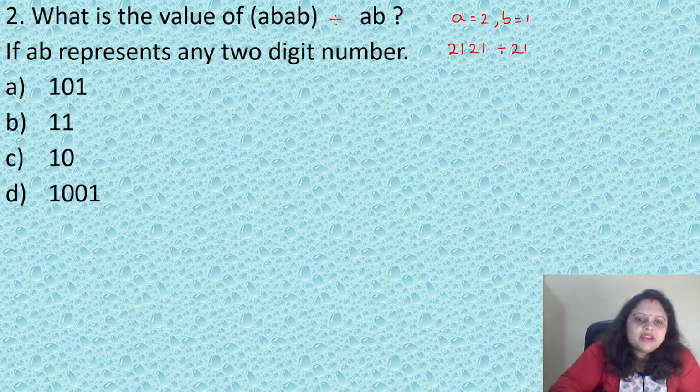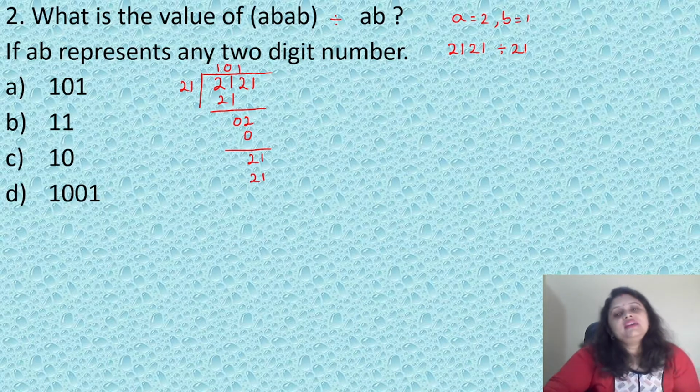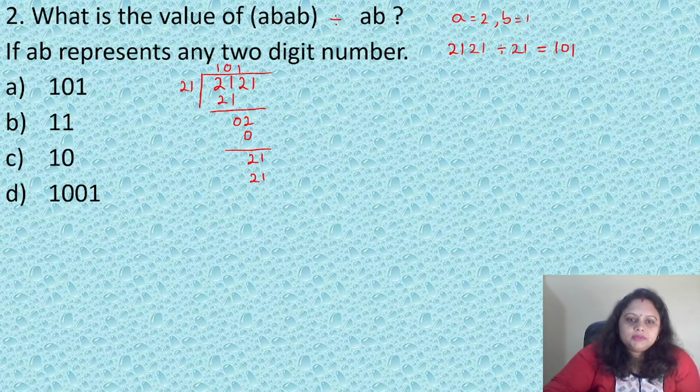Let me divide it. 21 times 1 is 21, then 21 times 0 is 0, 21 times 1 is 21. So 2121 divided by 21 is equal to 101.